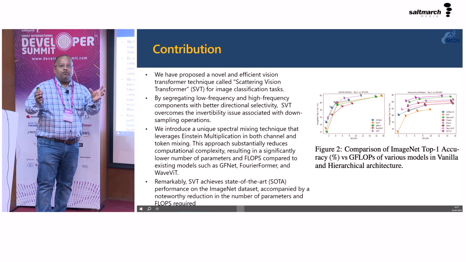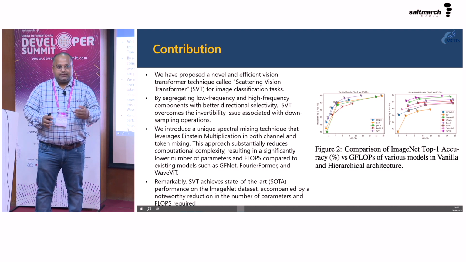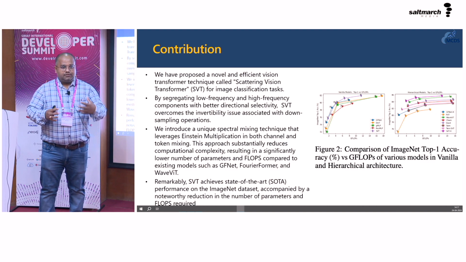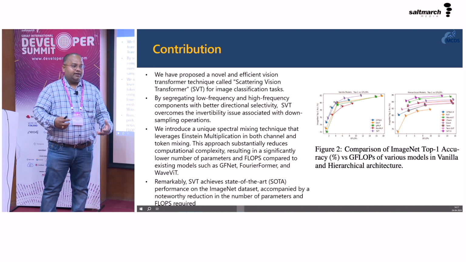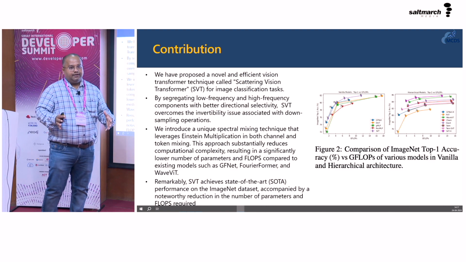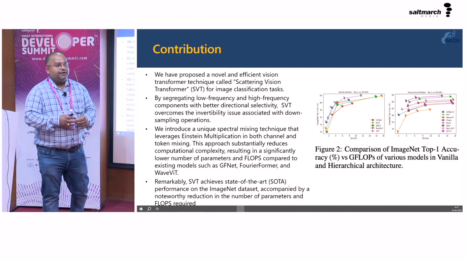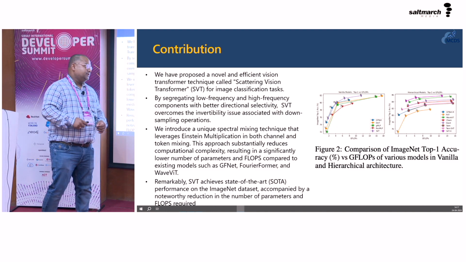In this architecture, the low frequency component and the high frequency component are used. I have discussed something like the coarser and the finer information. The low frequency basically gives the structure of the object, whereas the high frequency gives fine-grained information of the object.